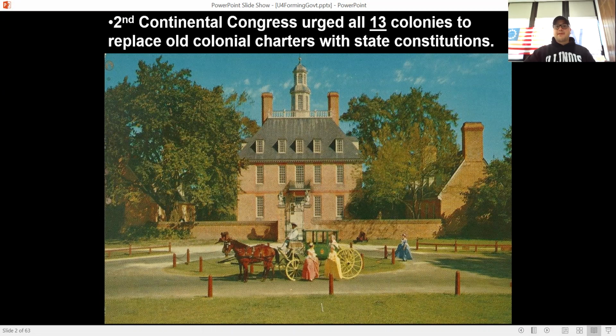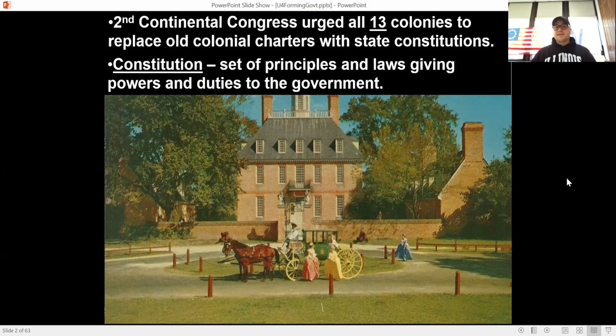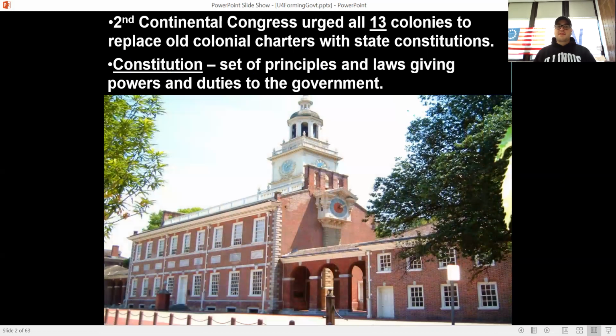Constitution is going to be a big phrase that we work with throughout this entire unit. Constitution, as provided for you, is a set of principles and laws giving powers and duties to the government. So a lot of these states are going to have to work extremely hard to create new constitutions. States such as Connecticut have already had a constitution since the 1600s.